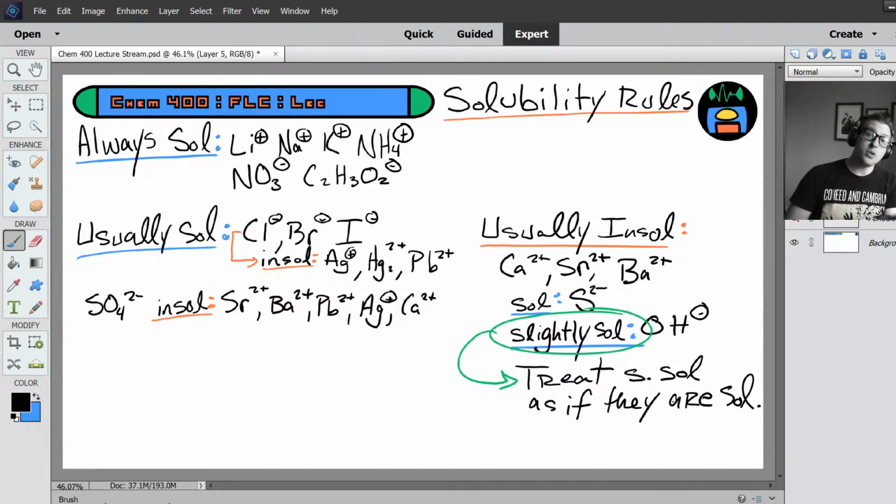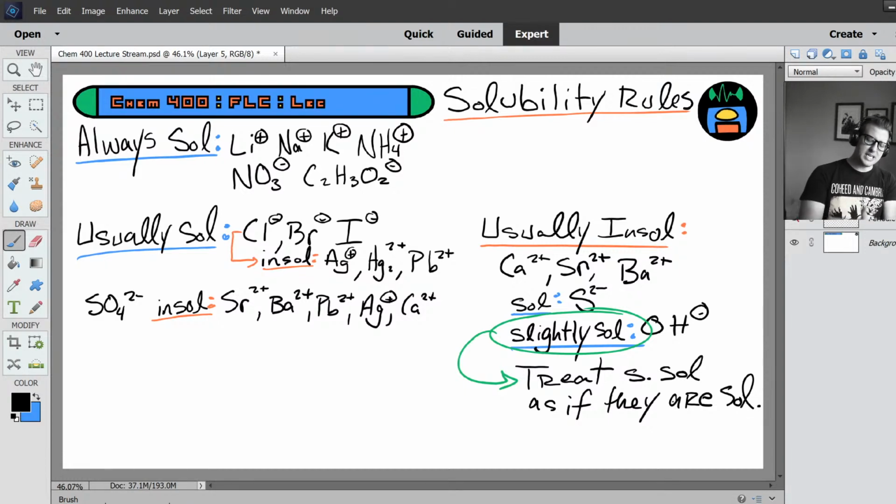You will explore this concept of the middle ground between totally soluble and insoluble in second semester Gen Chem, Chem 401. So you will be getting a greater taste of this when you start looking at solubility products and all that really fun stuff. This semester we're going to keep things simple.